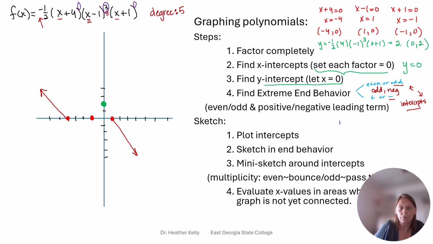If the power on the factor is even, the graph bounces off. If the power is odd, the graph passes through.